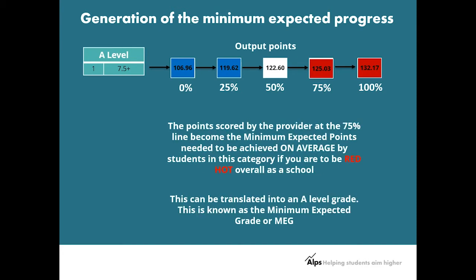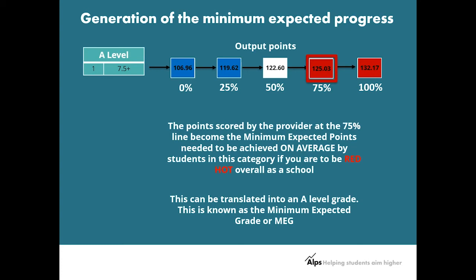And the key thing is that the Alps philosophy really hinges around that top 25%. In order to be aspirational with your students, you have to aim to match the progress being made by the provider at the top 25%, at the 75% line.